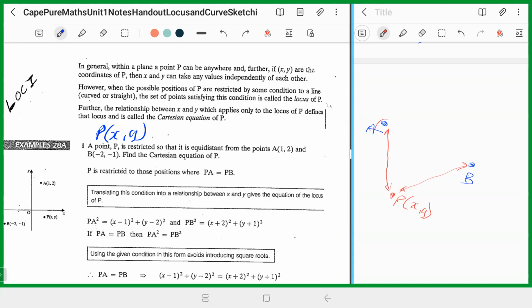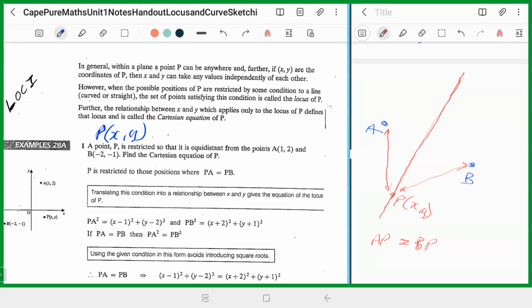So we'll set up a relationship where AP is equal to BP. I use coordinate geometry to get the expression for AP and the expression for BP. You equate them, simplify as far down as you can, and you will get the equation of this line. And that is what is done in this example over here.